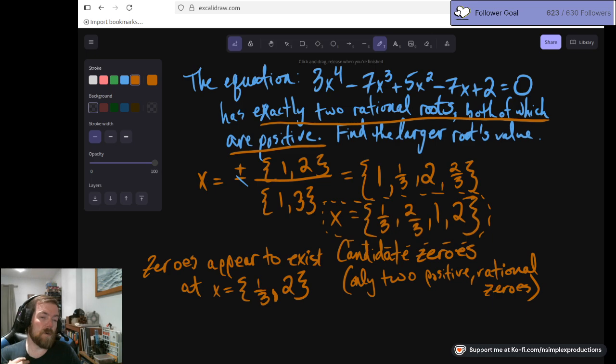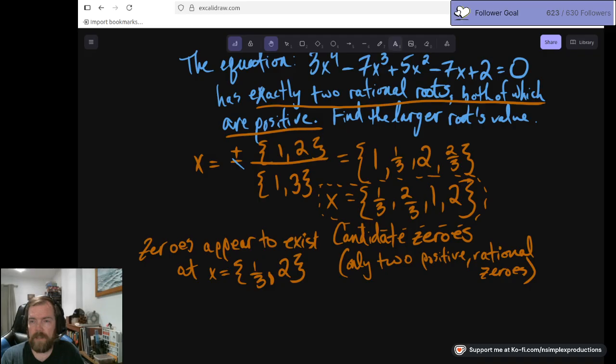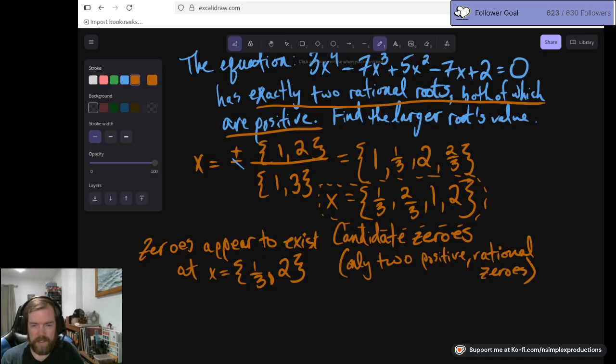But we don't absolutely know that for a fact. Therefore, what we're going to do is check with synthetic division and the remainder theorem.